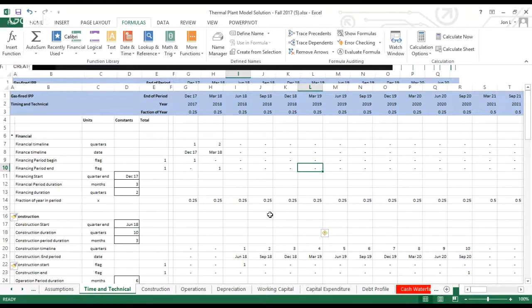Another way to do it would be to multiply this by 1,000 to get to kilowatt hours, and then your money divided by kilowatt hours.